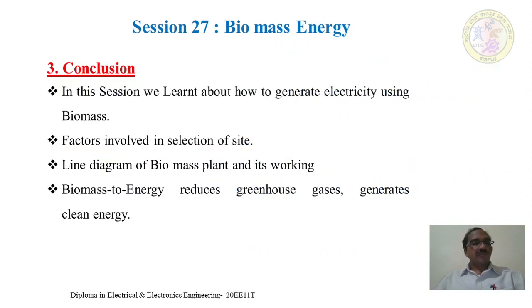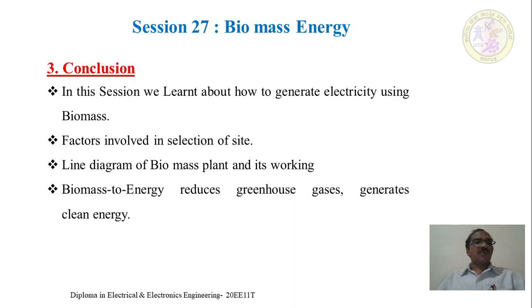In this session, we have learned what a biomass plant is and how biomass can be converted into electricity, and what the factors involved in the selection of the site are, for example availability of water, availability of the biomass itself, transportation, and nearness to the load center.